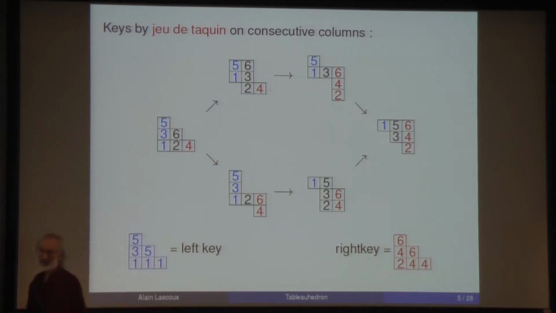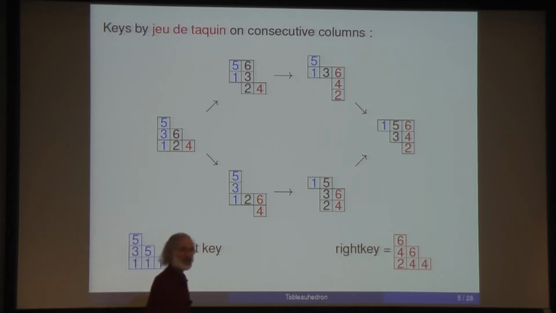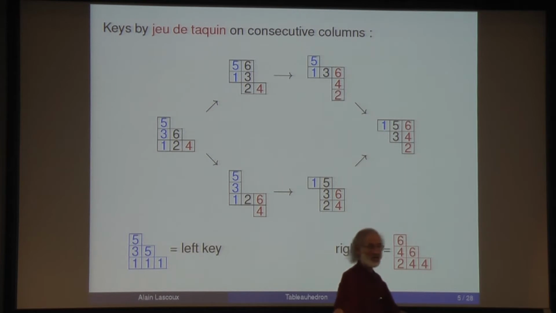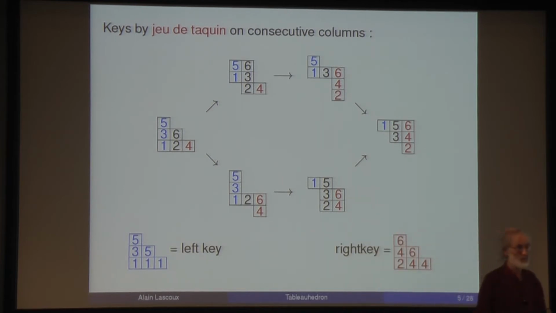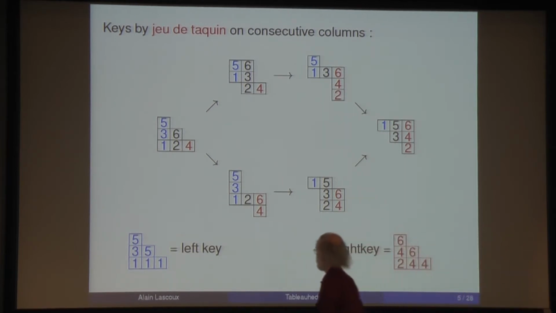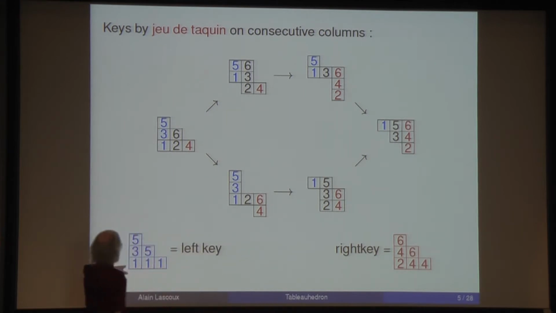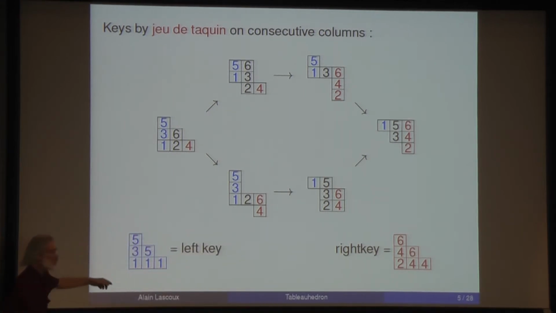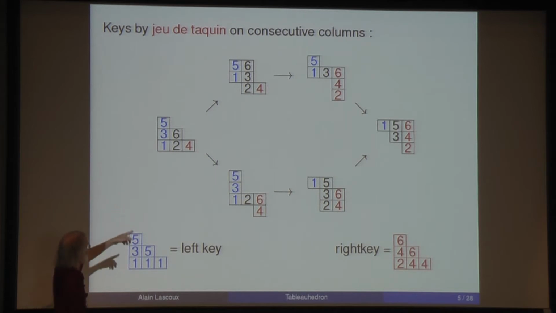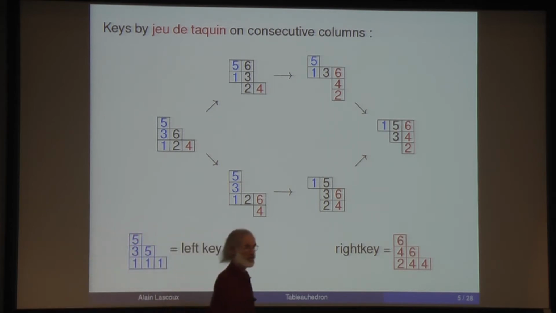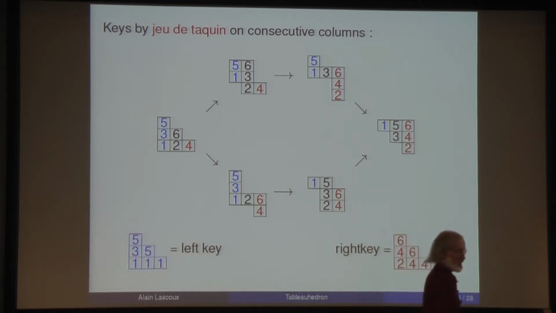And I discover, this is a property of the jeu de taquin because I move letters, that this is a flag. That's to say, each set is contained into a bigger set of bigger cardinality. So here, my left tableau is made by the columns of lengths 1, 2, and 3, which are, as you see, embedded into each other. The same thing with the tableau on the right.